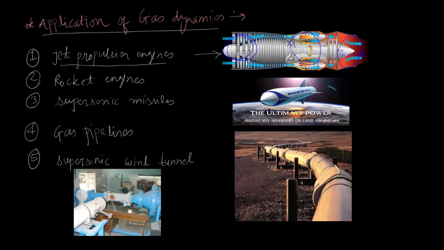All jet propulsion engines are designed for a particular Mach number at the exit, and its design depends on these conditions.